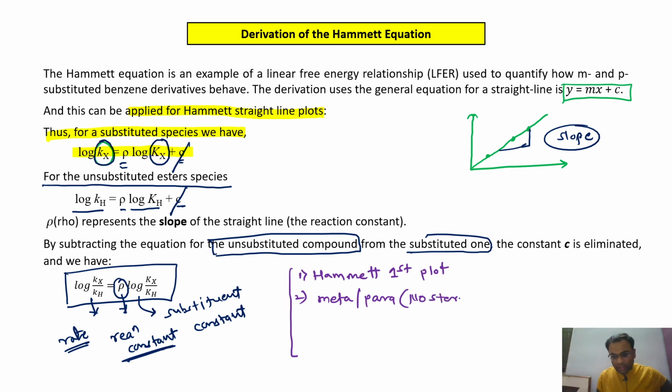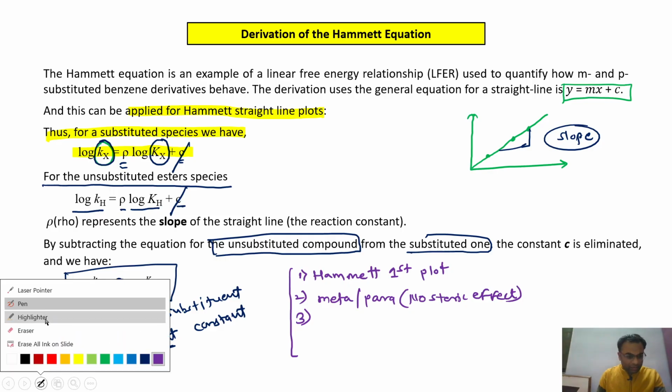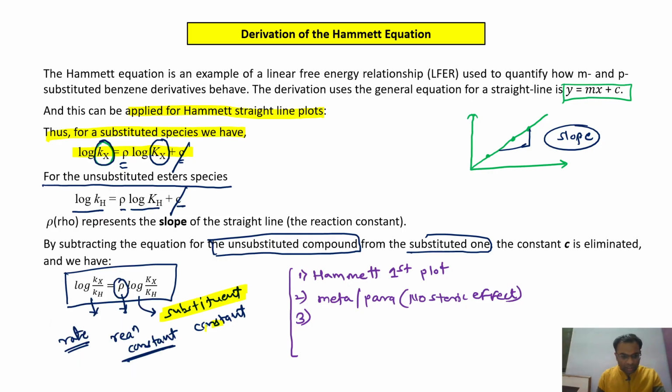Then we studied the derivation of the Hammett equation using the straight line relationship. In the next lecture, we will discuss the substituent constant and reaction constant.